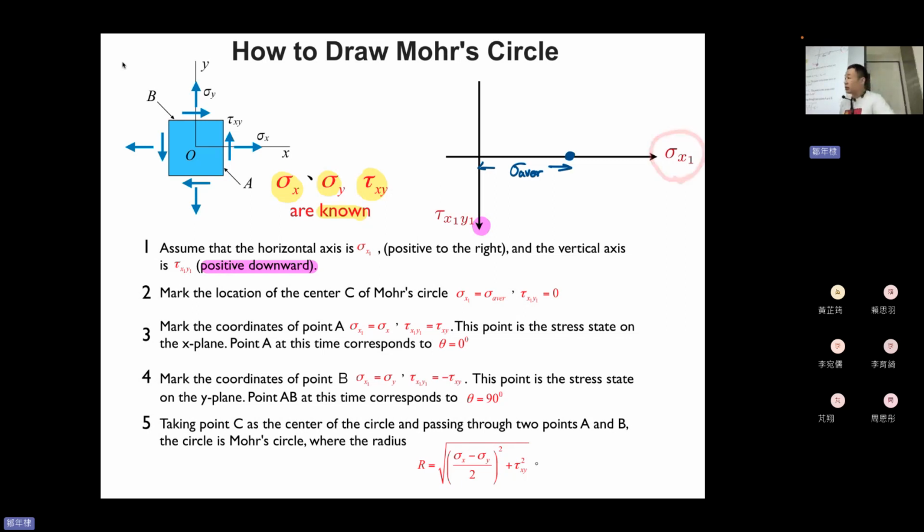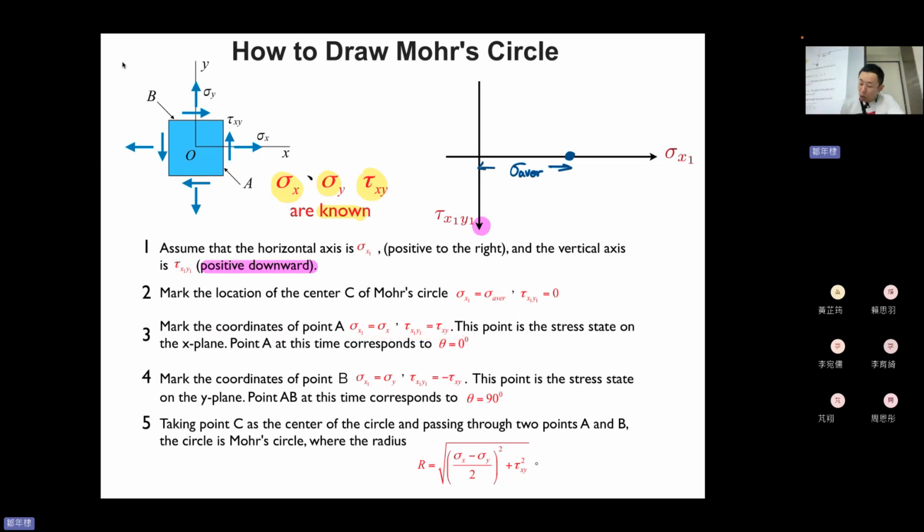Sigma x1 is the name of the x-axis. Tau x1 y1 is the y-axis name, but it points downward. So this is the second step: you locate the center of the circle, and then you can draw the circle later. And then this is interesting. Mark the coordinate point A: sigma x1 equals sigma x, tau x1 y1 becomes tau xy.